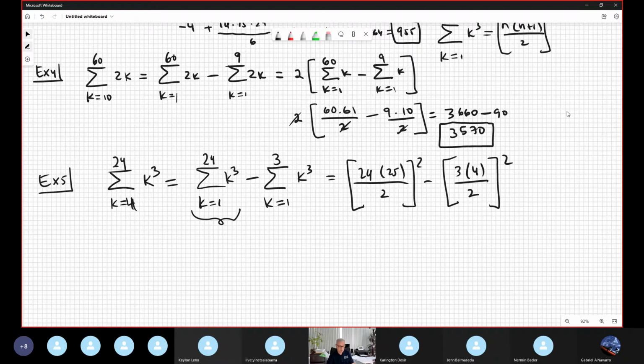So that part is 24 times 25 divided by 2. It's 12 multiplied by 25, 300. 300 squared. Don't forget that. Minus, this is 6 squared, 36. And the answer is 89,964.